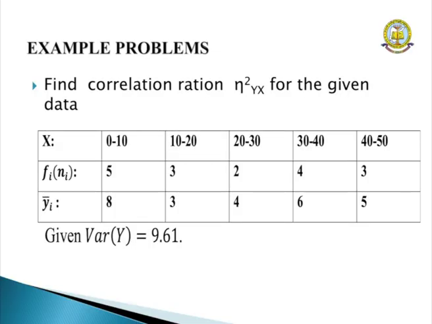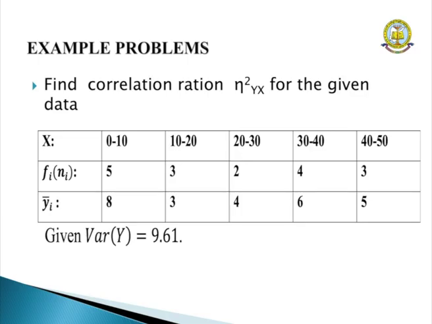Now my first example problem is: find the correlation ratio eta square of y on x for the given data. Here the first row is the class interval, the x values: 0 to 10, 10 to 20, 20 to 30, 30 to 40, 40 to 50.